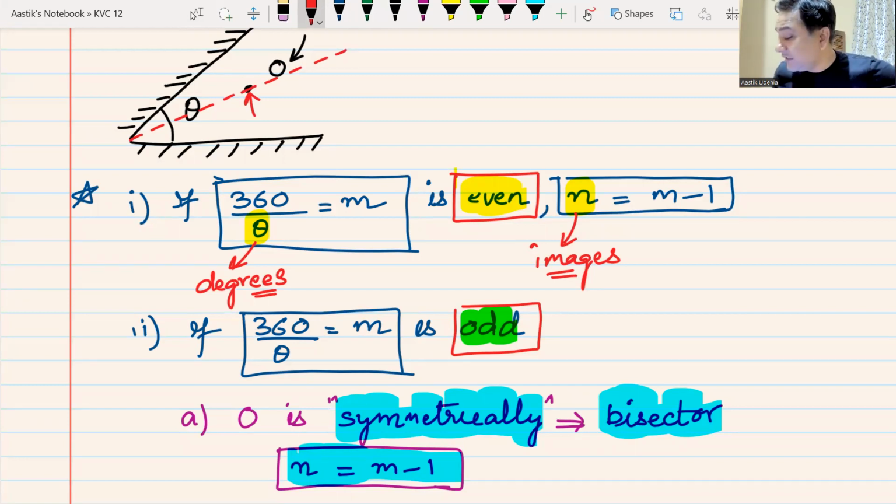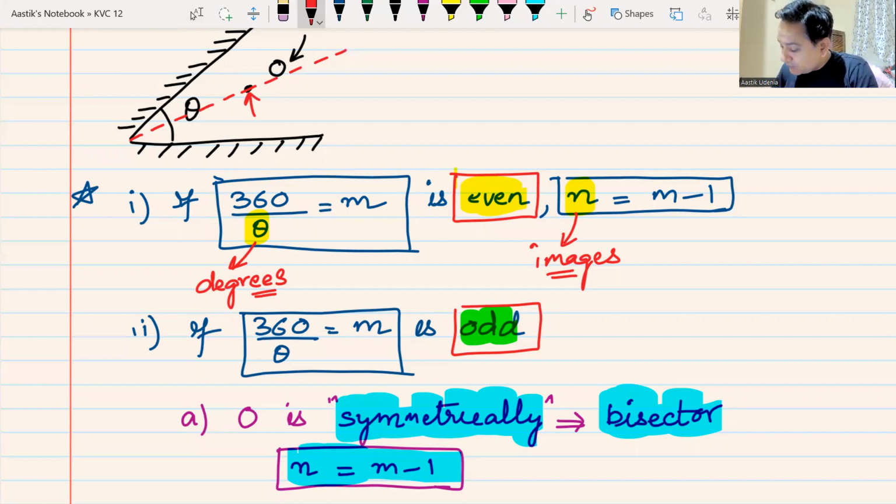So if it is placed on the angle bisector, which is symmetrically, the number of images will be m minus 1. In only one case you will get m number of images. What is the next case that is possible? If you know this case, you know the other case.